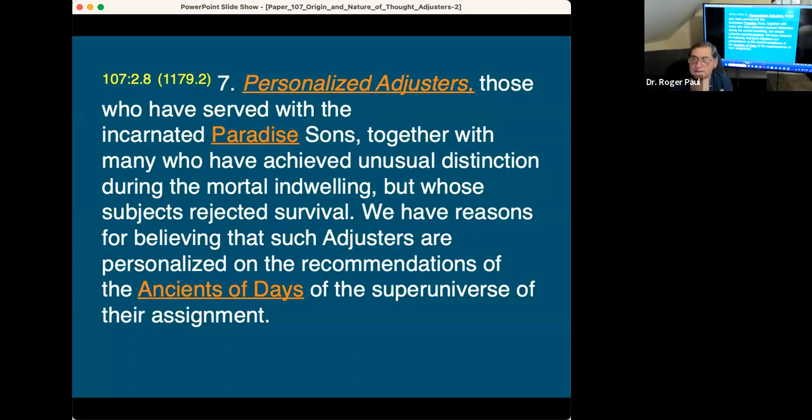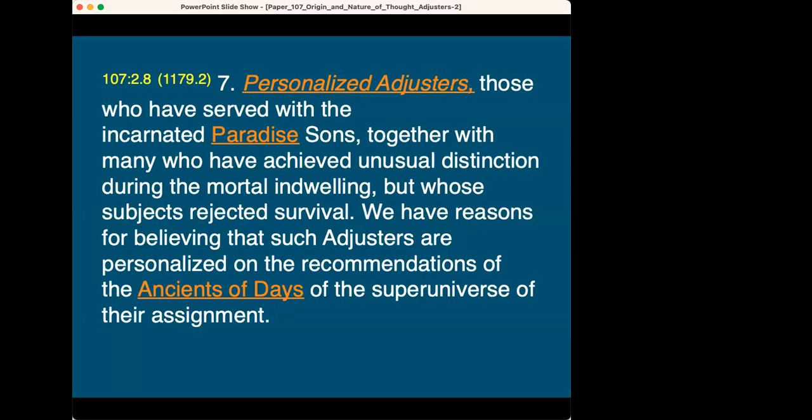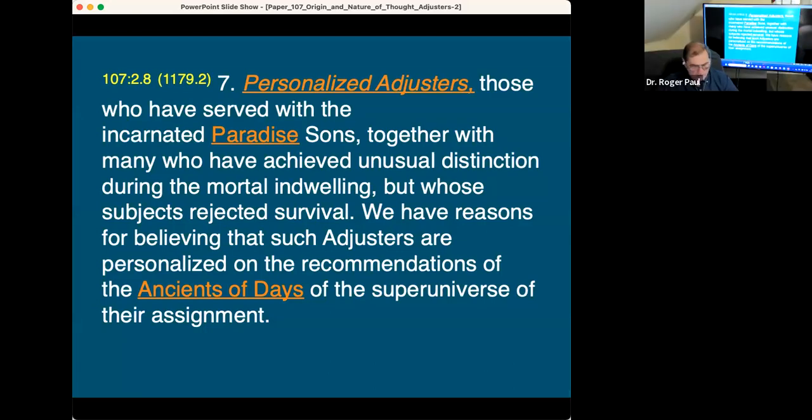Not only that, but when Jesus turned to talk to God the Father, guess who he was talking to? The personalized adjuster, right? So remember Jesus' first miracle, turning water into wine. Remember that, everybody?